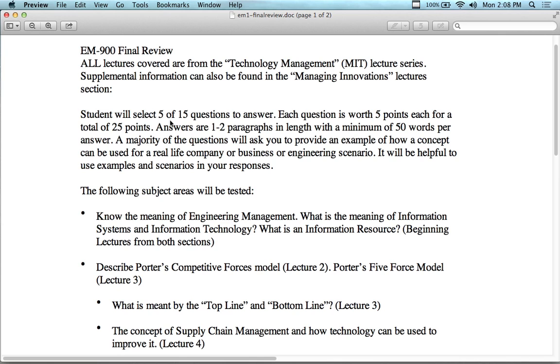I pick the best 5. If you've answered 5 and all 5 are good, I grade all 5. If you've answered 6, I'll pick the 5 best ones, which means I'm not going to grade one that's only worth 4 points instead of one that's worth 5.